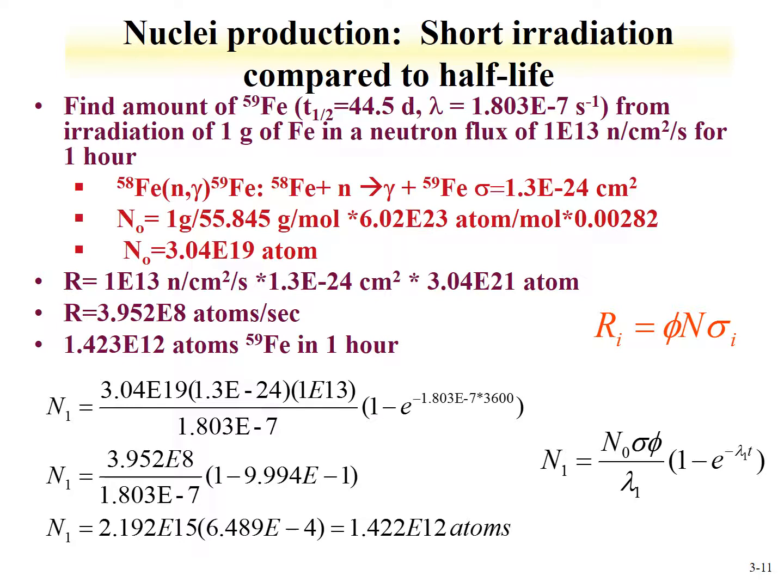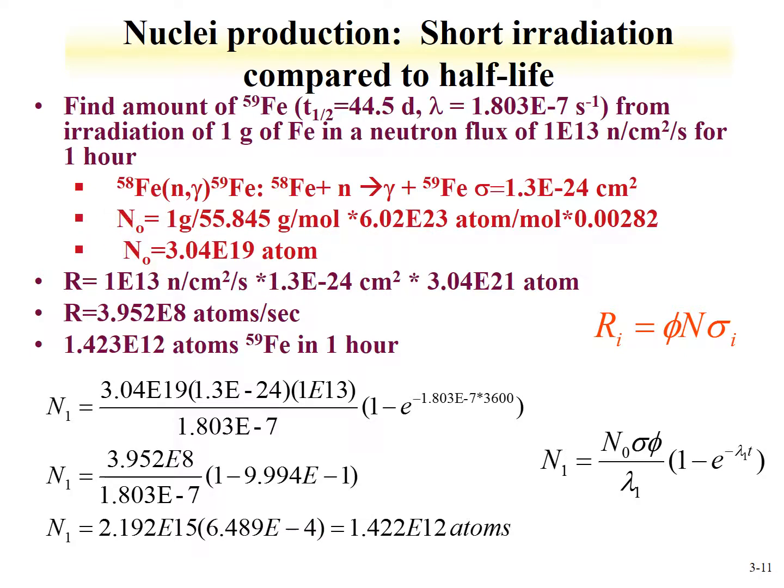The number of iron-58 atoms: we said we had 1 gram of iron. Here's the molecular mass of iron. Multiply that by Avogadro's number. And this value here, that is the percentage of iron that is iron-58. So now here's our total amount of iron-58.